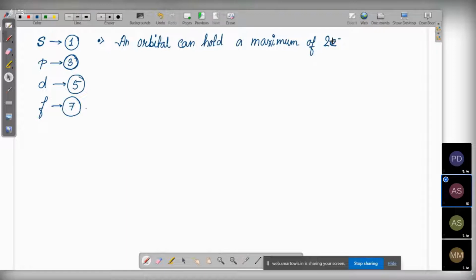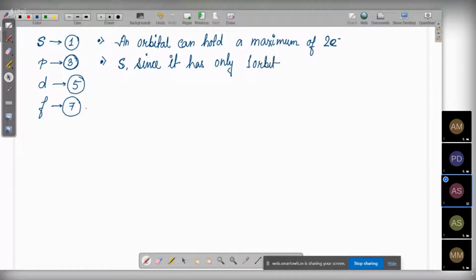So that means s, since it has only one orbital, can have a maximum of two electrons.